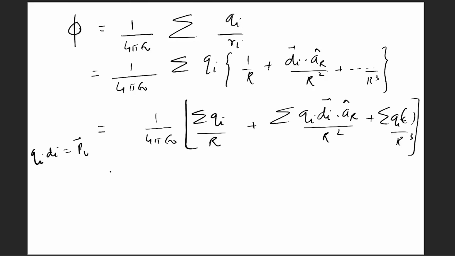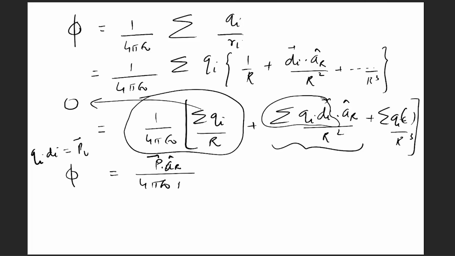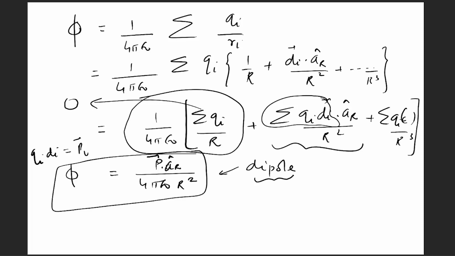So you see, this is the first term which we saw, which went to 0, but we want further accuracy. So let us consider this. It is simply pi, or this is going to give the total dipole moment, so p dot ar over 4 pi r squared. So if you want further accuracy, we will need to have the dipole configuration approximation.